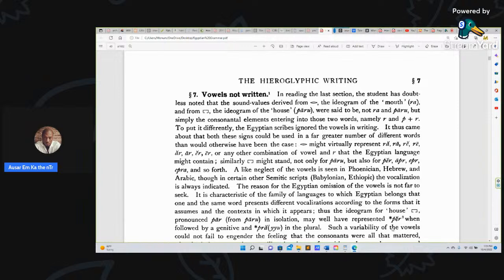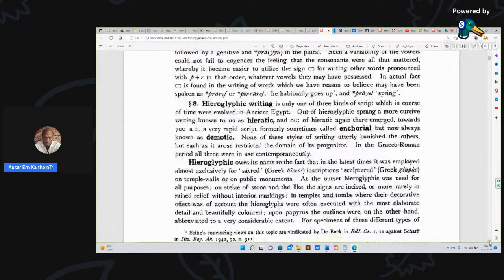Such a variability of the vowels could not fail to engender the feeling that consonants were all that mattered, whereby it became easier to utilize the sign paru for writing other words pronounced with per in that order.